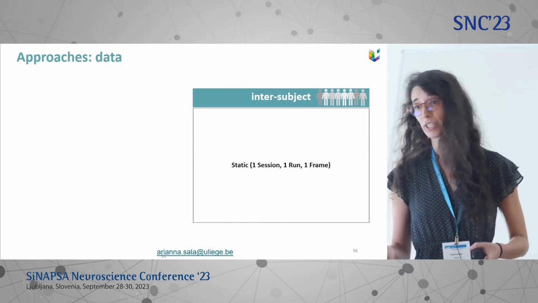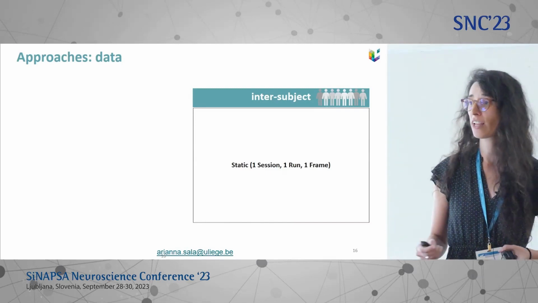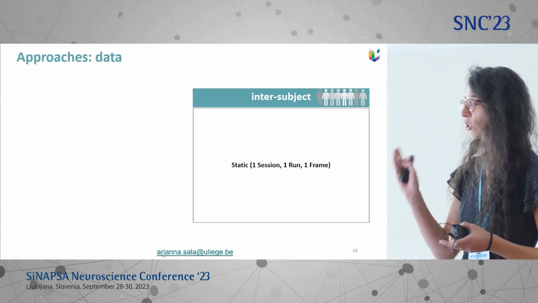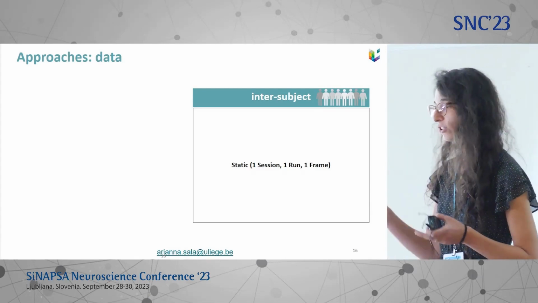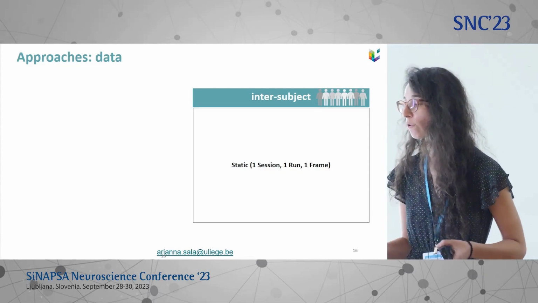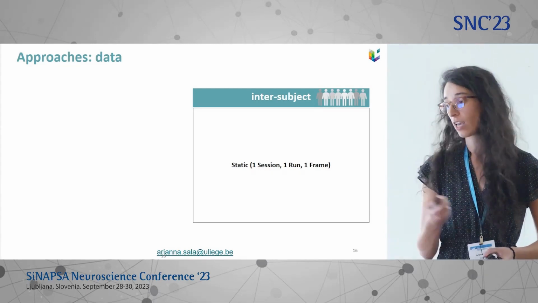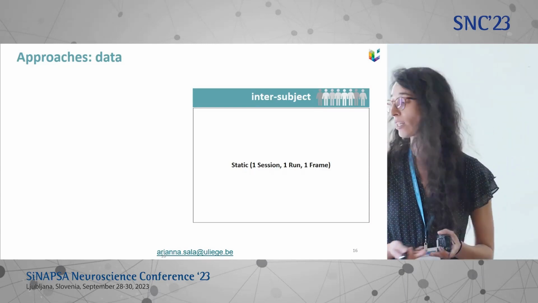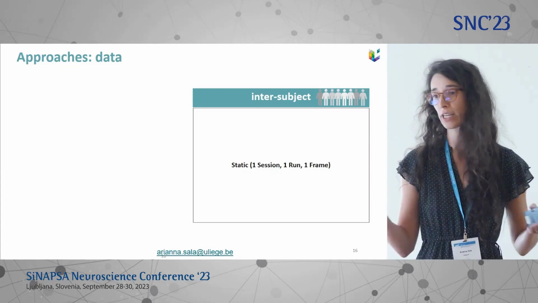The easiest way, though, is to go at the inter-subject level. Here we don't need these complicated acquisition protocols. We just do one static acquisition, 10, 15 minutes, depending on the sensitivity of your scanner, and we have one image per subject. Of course, with just one image per subject, we cannot do anything at the intra-subject level, so we have to go inter-subject.